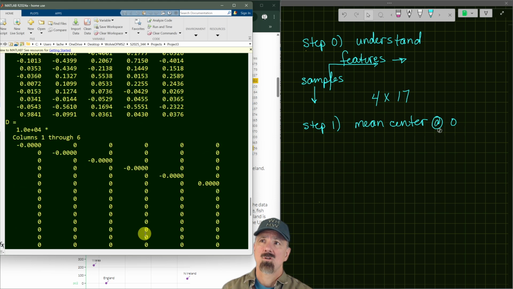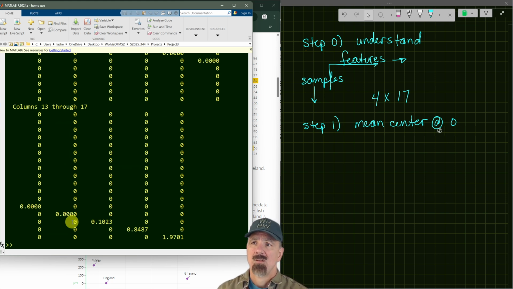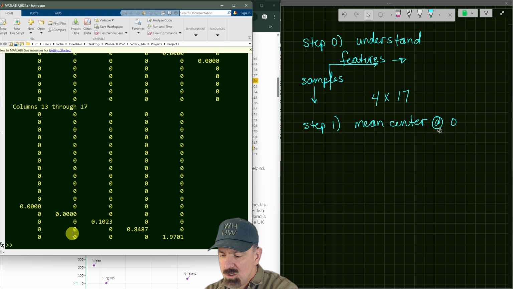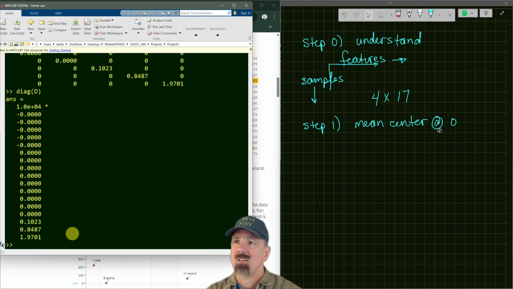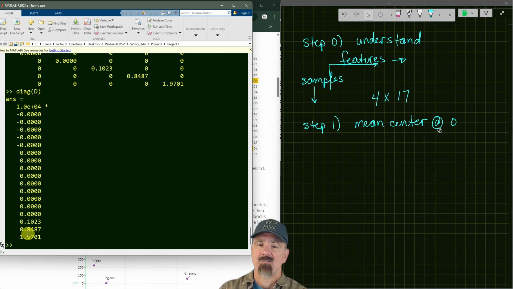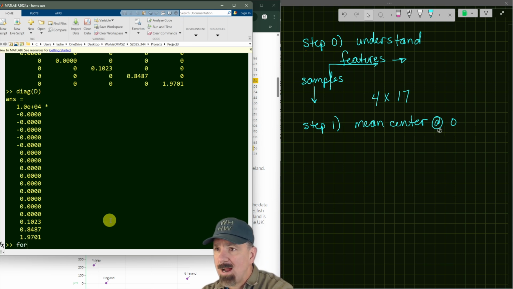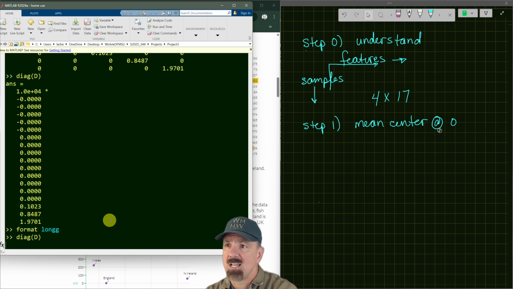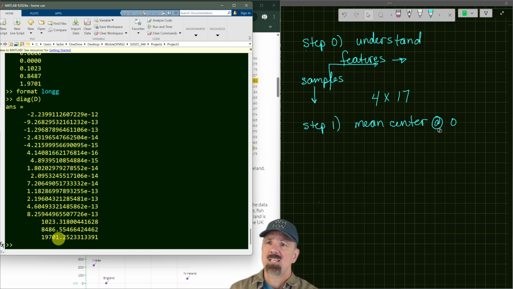All the rest of them look like they're pretty close to 0. Again, this is 10 to the 4th. We can actually just take a look at the diagonal values of D, and these are our eigenvalues. And perhaps we can see it a little better with a long format. And let's take a look at it this way. These are the eigenvalues that we have.